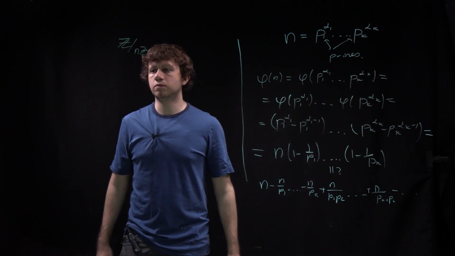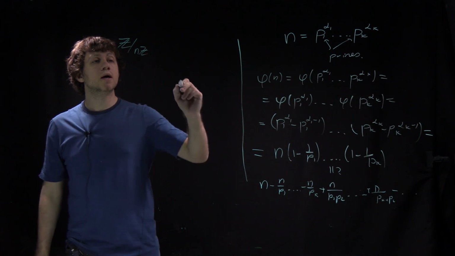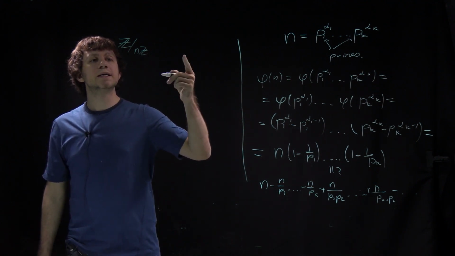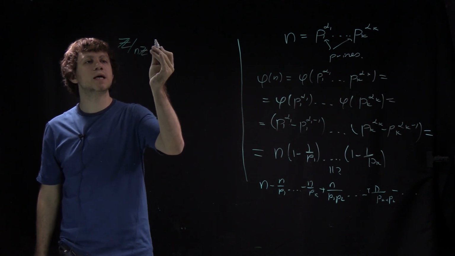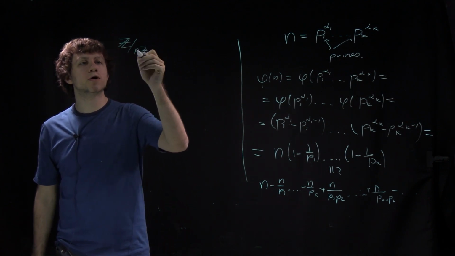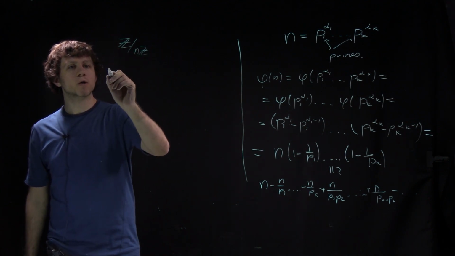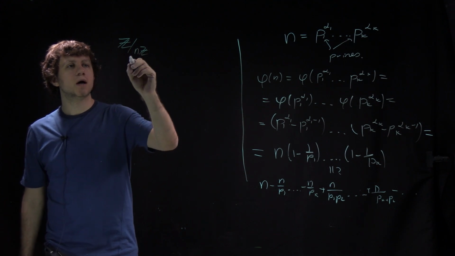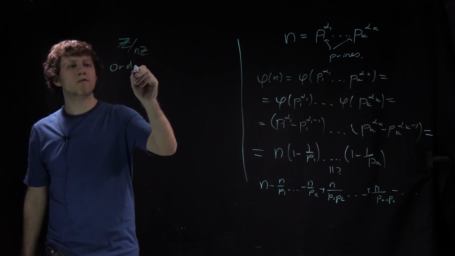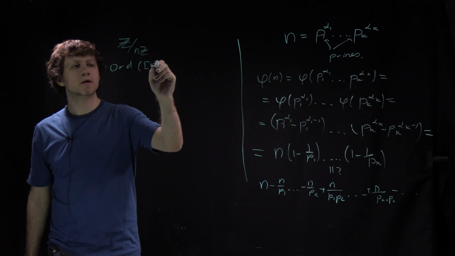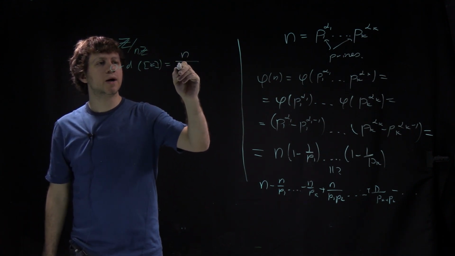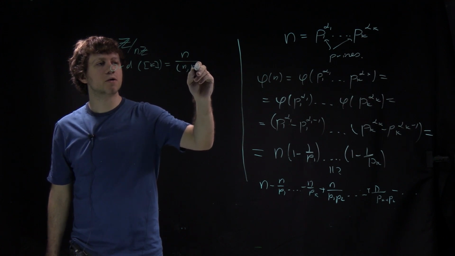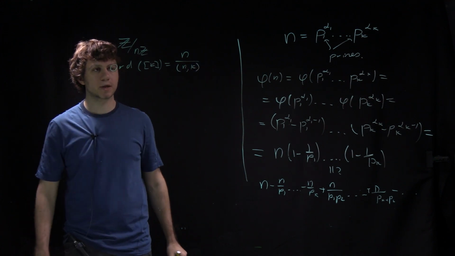So let's see. How many cyclic subgroups of order k? We know, so let's consider orders of elements here. The order of element k is equal to n divided by the greatest common divisor of n and k.